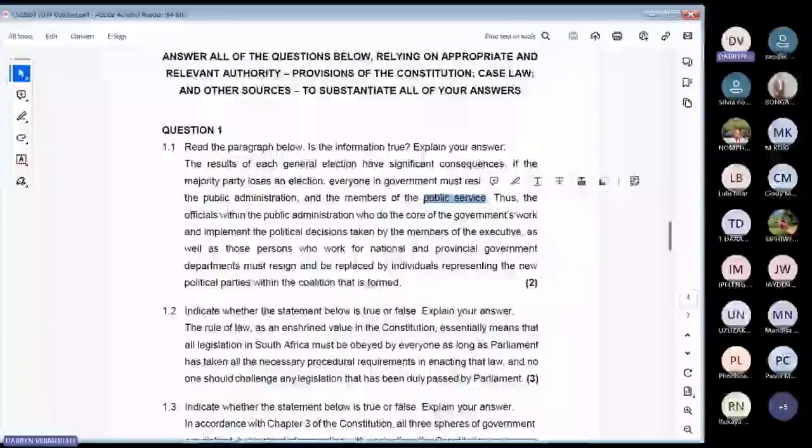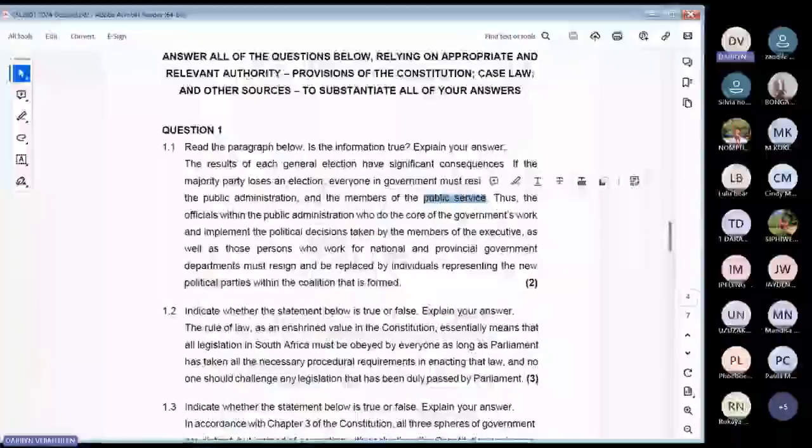So just because there's a new political party doesn't mean that everyone resigns. The only people that will resign are members of the executive and politicians. But people that are employed by the state to run the health department, the treasury, public works, etc., won't lose their jobs.